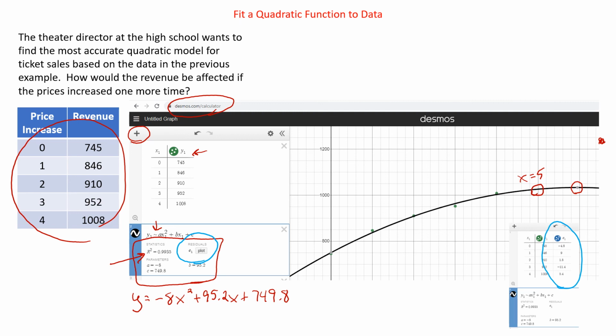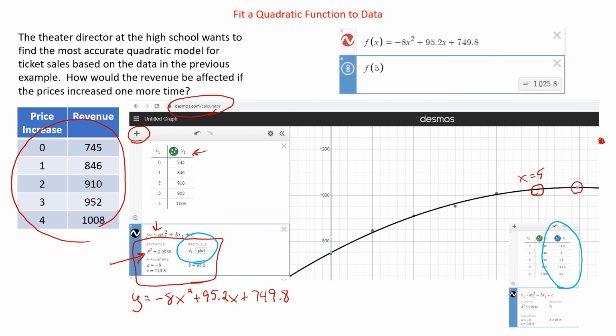Well, we can just plug 5 into this equation, but it's a little bit ugly, and it could be a lot uglier than that. So, being that we're already using a calculator, we could continue using Desmos. How would you plug 5 in? You could just plug 5 in, or when you write the equation, you can type it into the next line, but instead of y, use function notation, f of x.